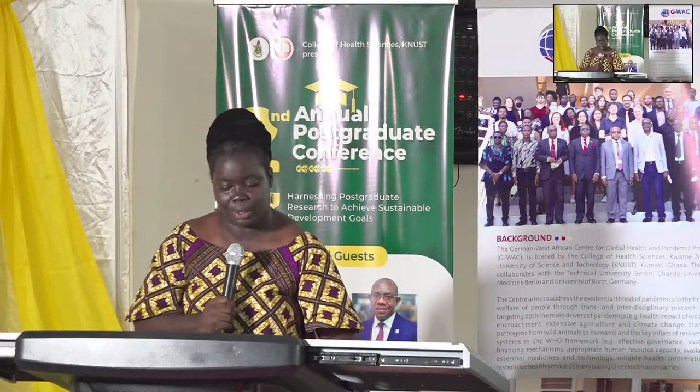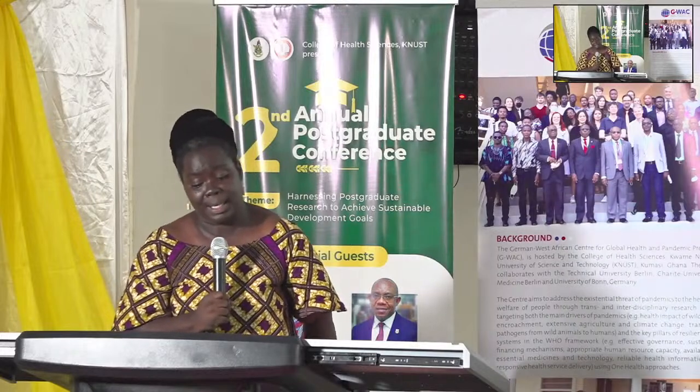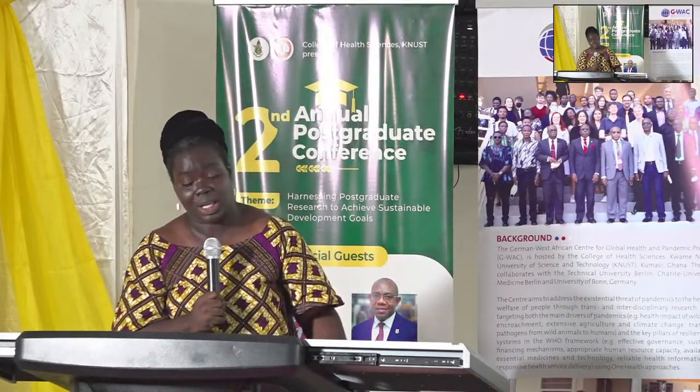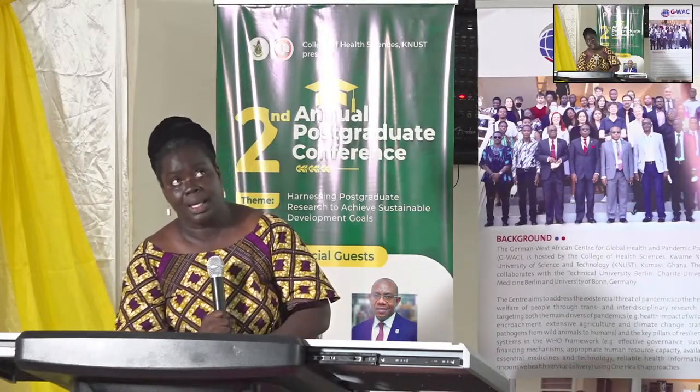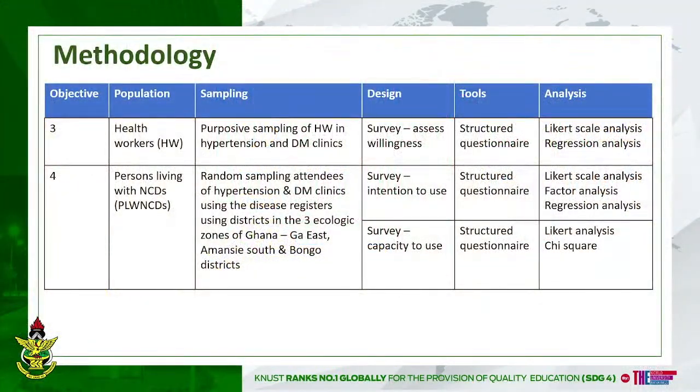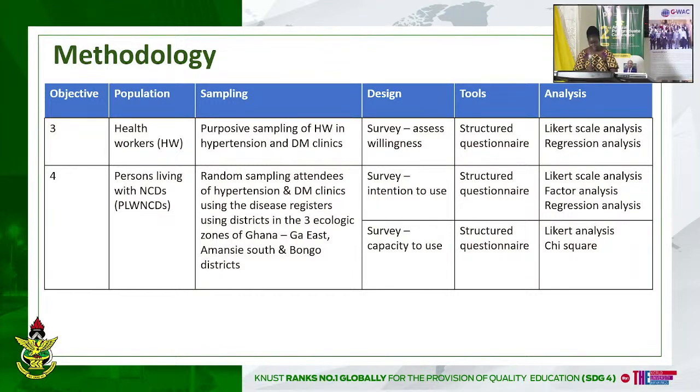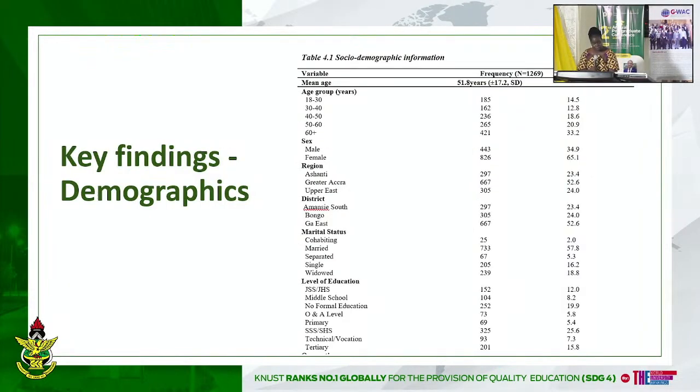So to undertake this work, we purposefully sampled health workers from hypertension and diabetes clinics. These were used as proxies for NCDs in 3 ecological zones of Ghana: Ghana East in Greater Accra, Amansia South, Ashanti, and then Bongo District in Upper East. Structured questionnaires were applied for this sample.